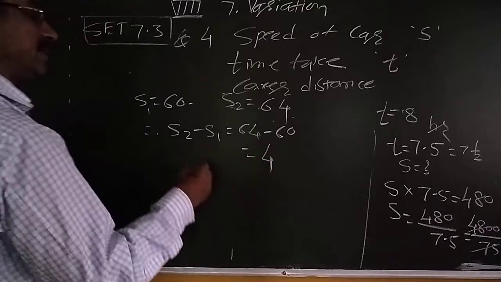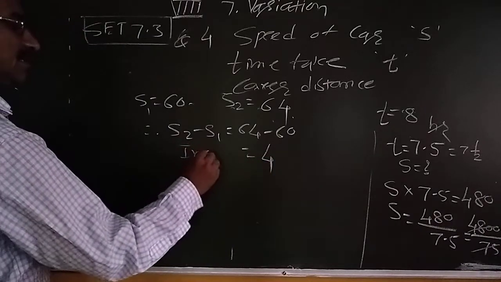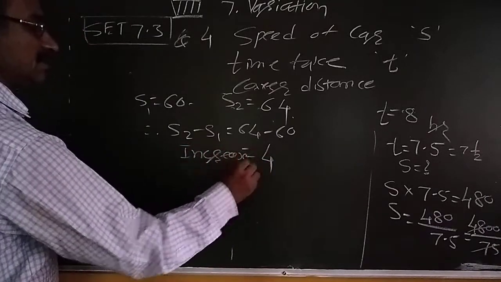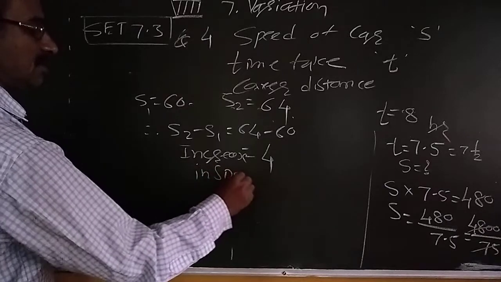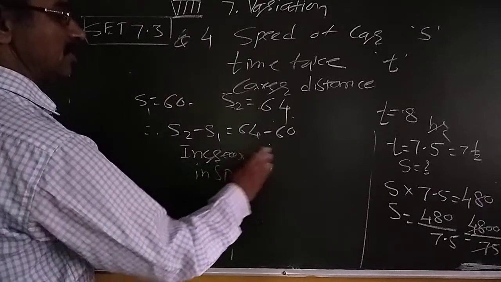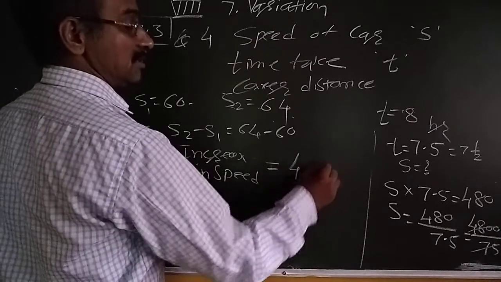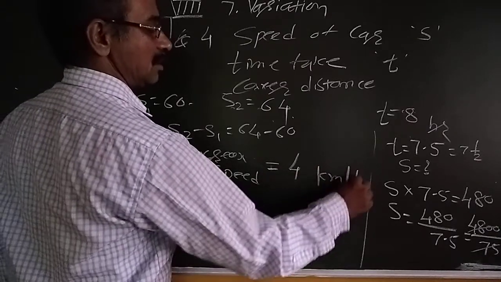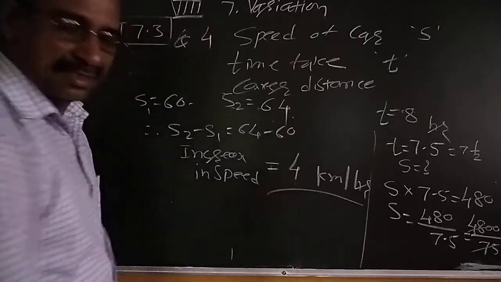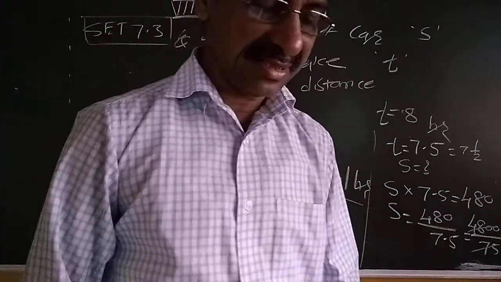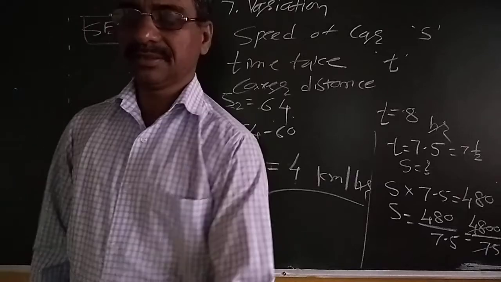So for covering the distance, we have increased the speed by 4 km per hour. That is our final answer. So we saw the total exercise 7.3. Thank you.